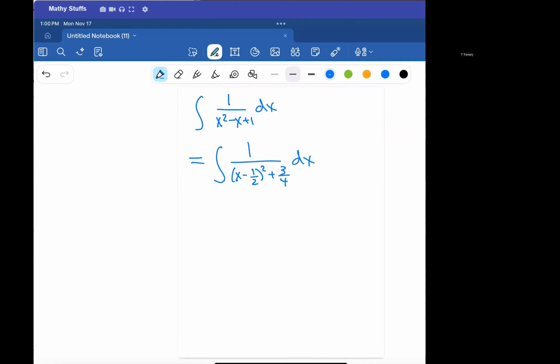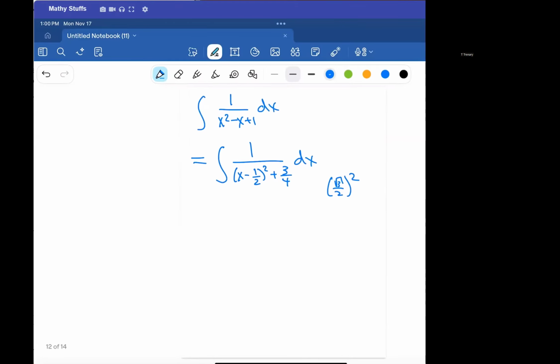That 3/4 is square root of 3/2 squared. And that's actually going to be a little bit helpful for us if we're using substitution in a minute here, or we're using a table or something like that.